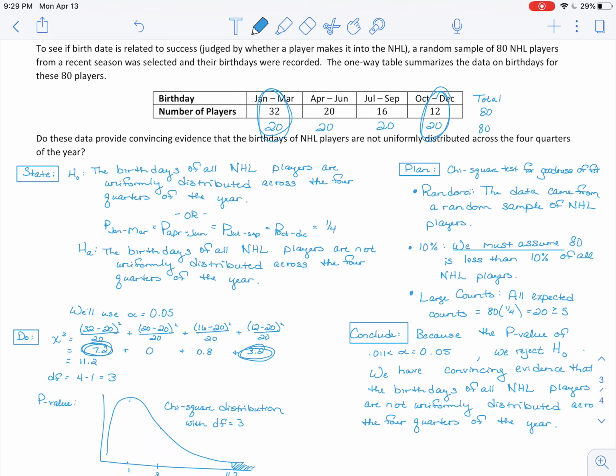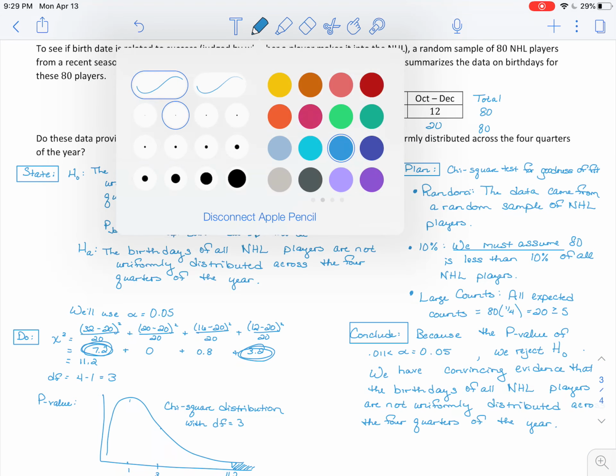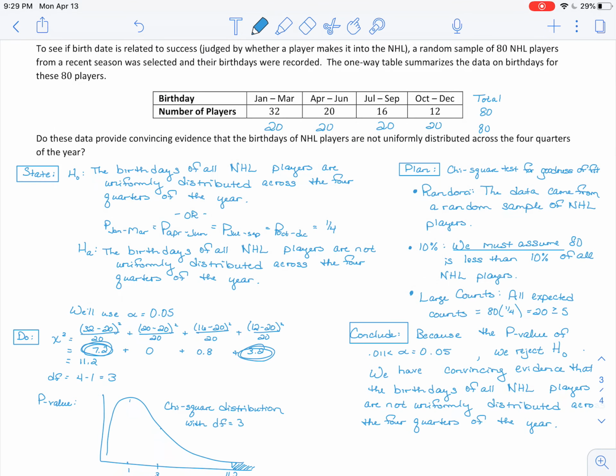When you look at the October to December, there were 8 fewer players than what we expected. So this is supporting Gladwell's claim that the NHL players are more likely to be born early in the year. So if you were ever asked to do a follow-up analysis, that's all it's basically describing. We don't know what the distribution for the population actually is, but not only do we think it's not uniform, but it kind of seems like specifically, we get more older players.